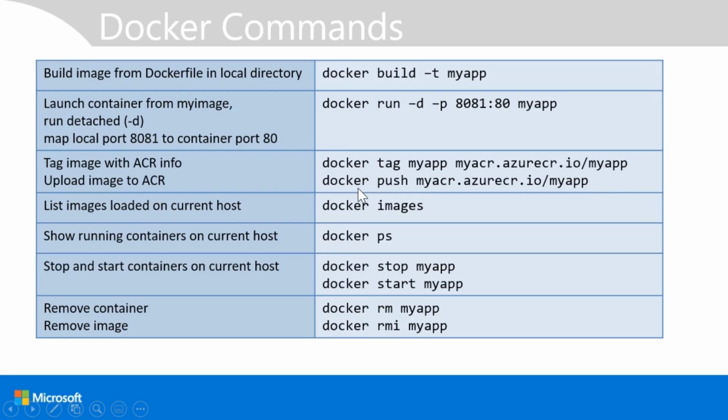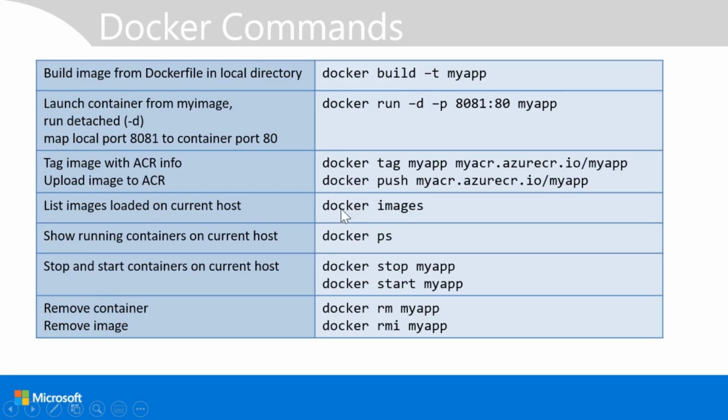And then when you do a docker push, push is used to upload to a registry, but if you tag with your ACR name, then the push will push to your registry. So this is how you upload an image and get it in your registry.